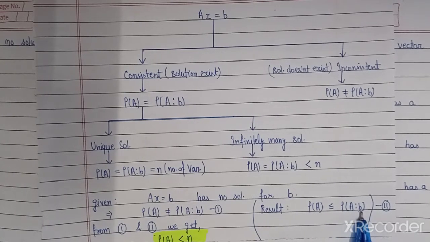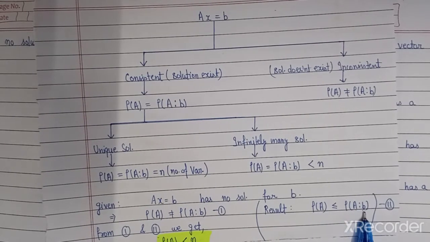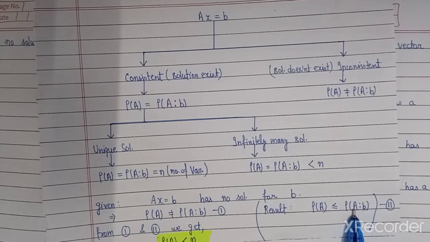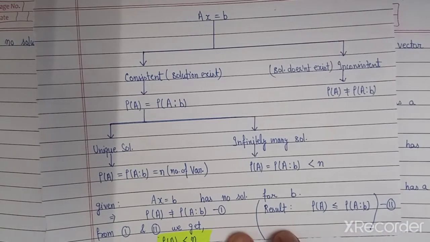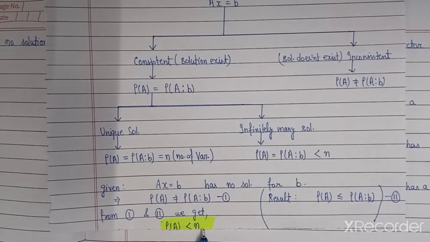Because here we just add an extra column vector. If B is dependent on the other columns of A, then rank of A is equal to rank of A augmented B. If B is independent of the columns of A, then rank of A is strictly less than rank of A augmented B. From conditions 1 and 2, what we get? Rank of A is strictly less than n.